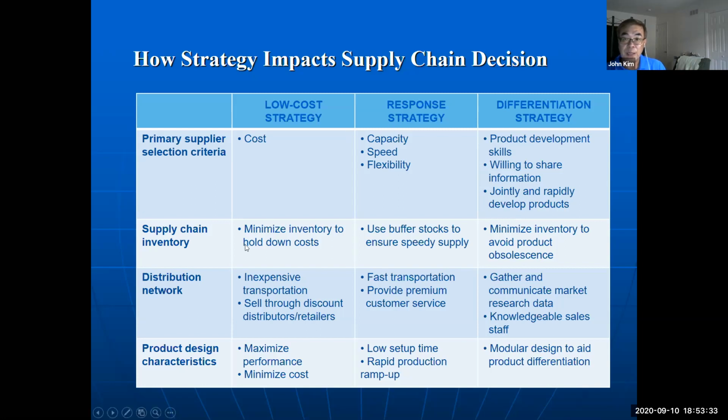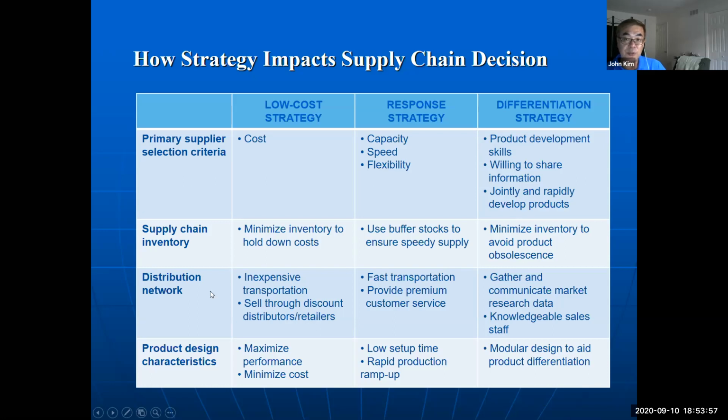And on the inventory side, if they use this low cost, then minimize inventory, and because of moving fast, buffer the inventory size, and then decide to minimize inventory.